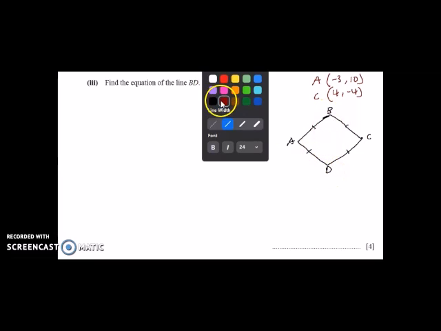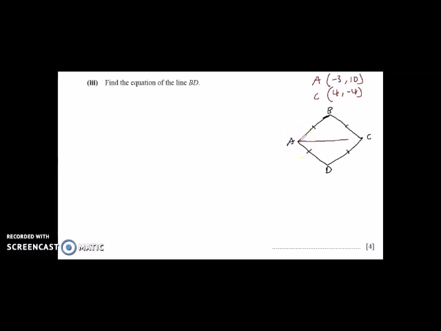To find BD, you have to calculate the midpoint of AC, because the midpoint of AC is also the midpoint of BD, which is perpendicular to it. So calculating the midpoint of AC: negative 3 plus 4, divided by 2, and 10 plus negative 4, divided by 2.